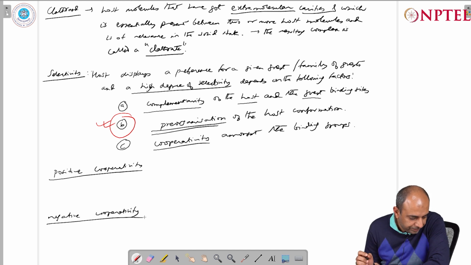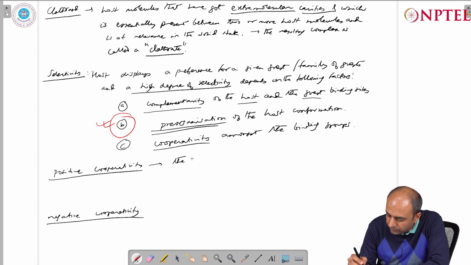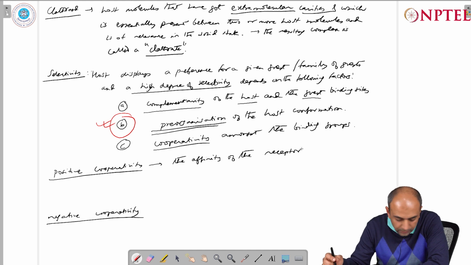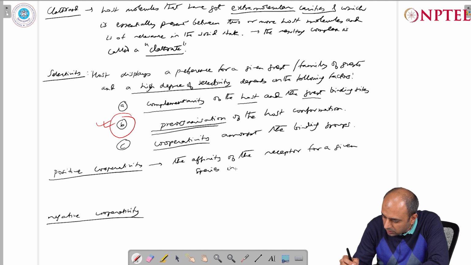And so, we have positive cooperativity when the affinity of the receptor for a given species increases.